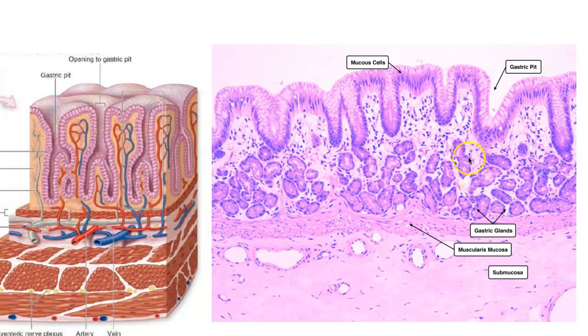Here is the muscularis mucosa right here. So this is all mucosa. This is your submucosa down here. So hopefully you can kind of make sense of this. This one's real easy to see. So this is like great lab practical material right there.